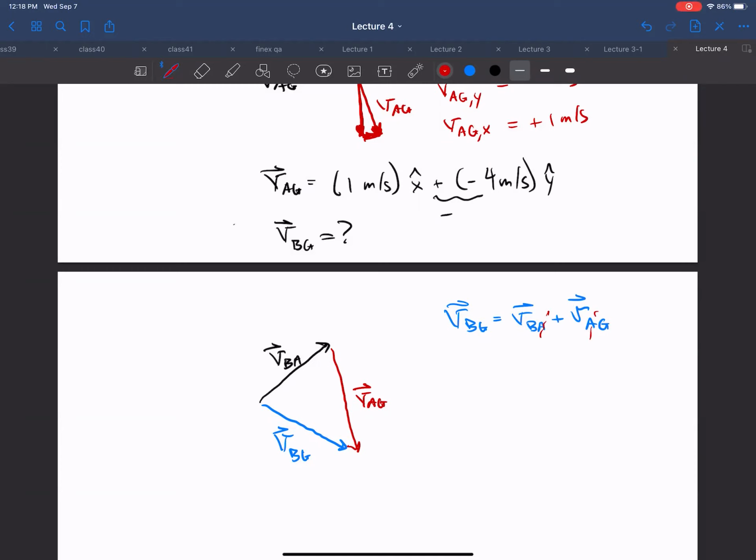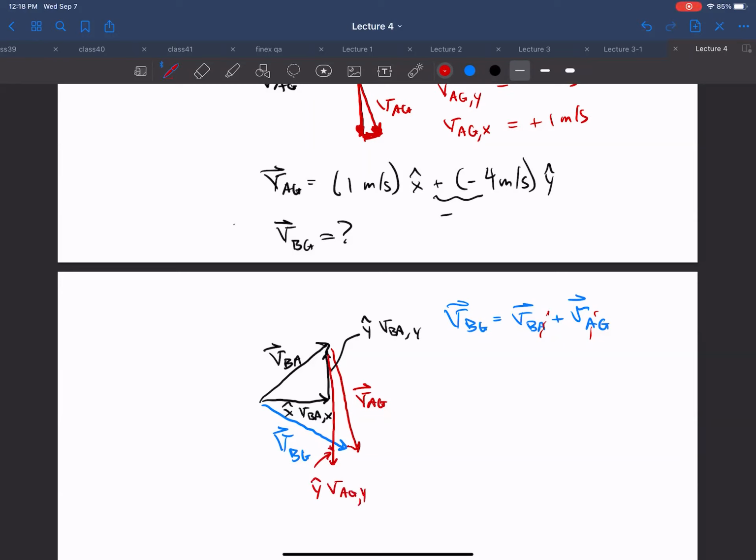But I can also sort of concatenate a bunch of different things. So I can add 4 things together. So I could think of adding this vector, which is x hat times VBAX. I could add that together with this vector, which is y hat times VBAY. And then I can add to that, this one, which is y hat times VAGY.